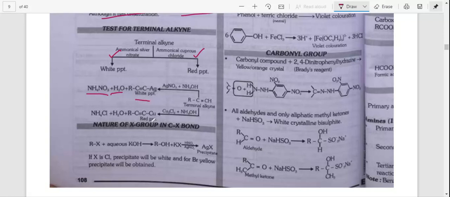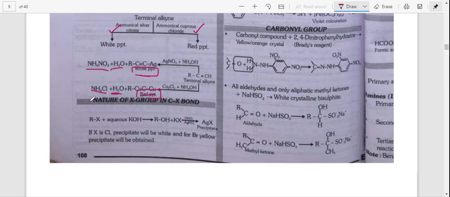And for ammoniacal cuprous chloride, the same, NH4Cl and H2O are released, and the remaining compound is RC≡CCu. So it is a red precipitate. So remember the precipitate color: it is a white precipitate from ammoniacal silver nitrate solution, and from ammoniacal cuprous chloride, it is a red precipitate.